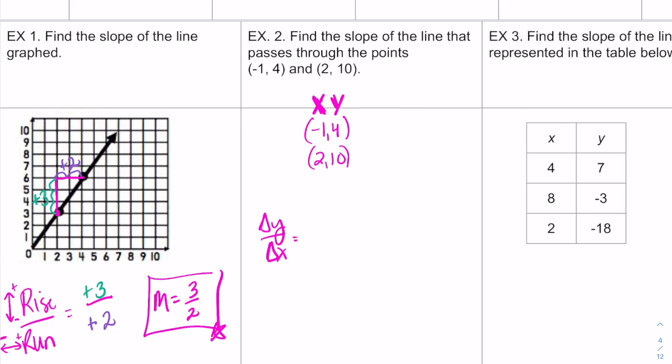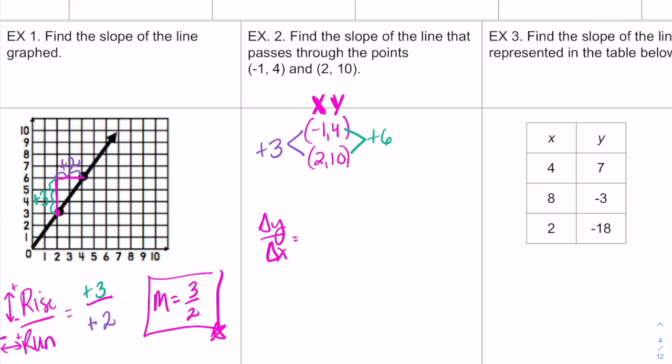So to do that, it's very similar to that table that we were using last class. If we want to know how much x changed, then from -1 to 2, that's an increase of 3. We went up 3, so that'd be a plus 3. For my y's, we went from 4 to 10. That's a plus 6.